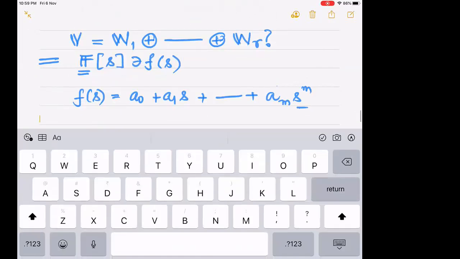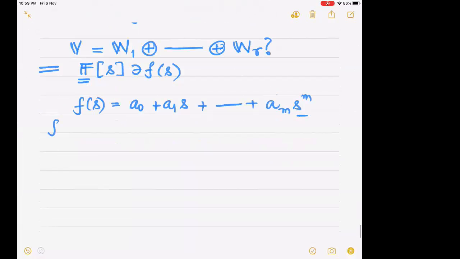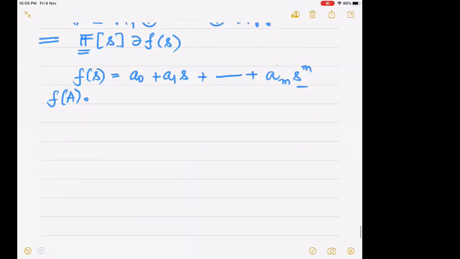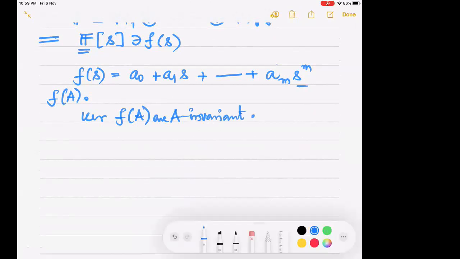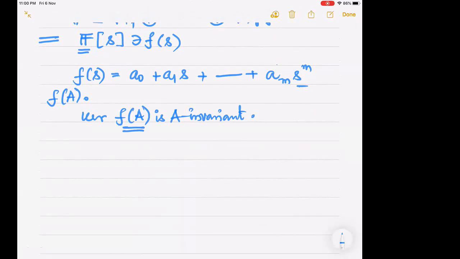Corresponding to this one also has this operator polynomial f(A), as we have seen before. What we have also seen is that these subspaces, kernel f(A), are A invariant. But then, how to get such a polynomial f for which this kernel f(A) is non-trivial?